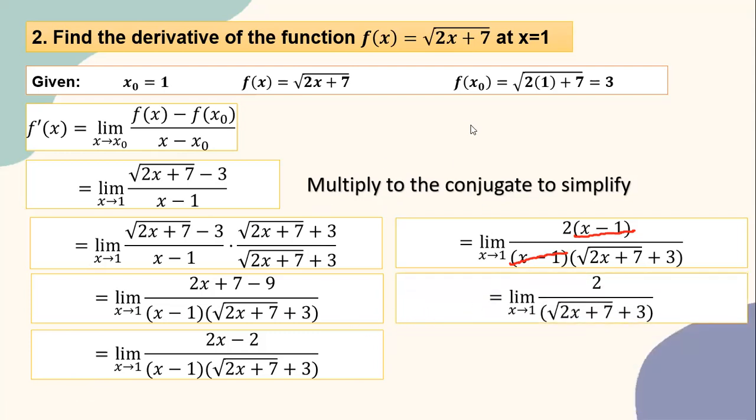Okay, so we just have to evaluate the limit of 2 over square root of 2x plus 7 plus 3 as x approaches 1.